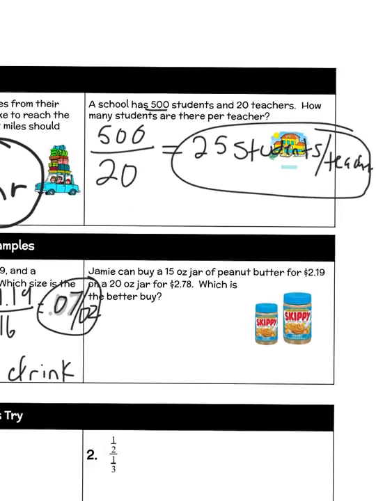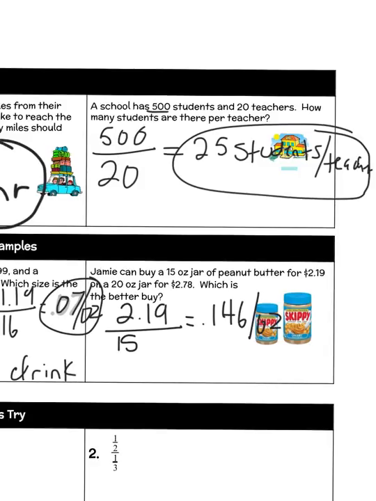Let's look at this last one right here. Jamie can buy a 15-ounce jar of peanut butter for $2.19 or a 20-ounce jar for $2.78. Which is the better buy? All right, so we have $2.19 divided by 15 ounces. Type that in really quick. $2.19 divided by 15 ounces is 0.146 or 14 cents per ounce.